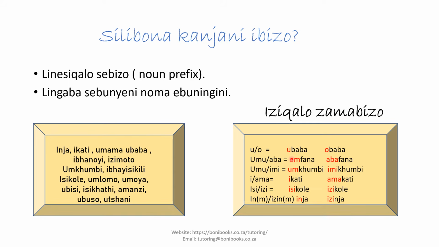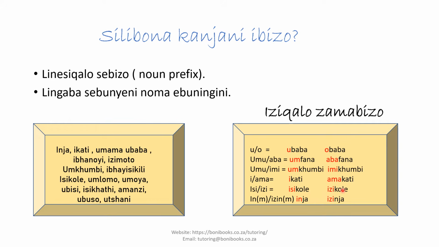I'll let you know why these noun prefixes are so important in IsiZulu. But for now, I want you to know that if we say it's a noun, it must have a noun prefix. The noun prefix is going to make you see whether the noun is in the singular or in the plural form. Let's look at these nouns. Ubaba, we say obaba. Umfana, abafana. Umkhumbi, imikhumbi. Ikati, amakati.